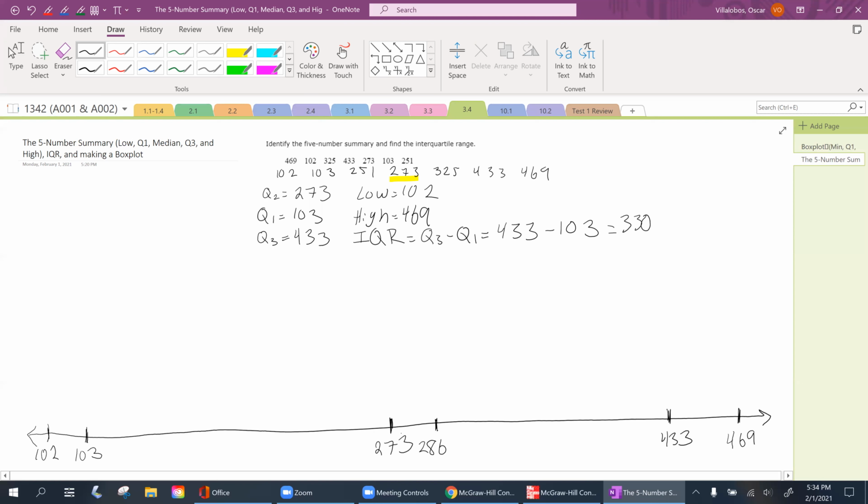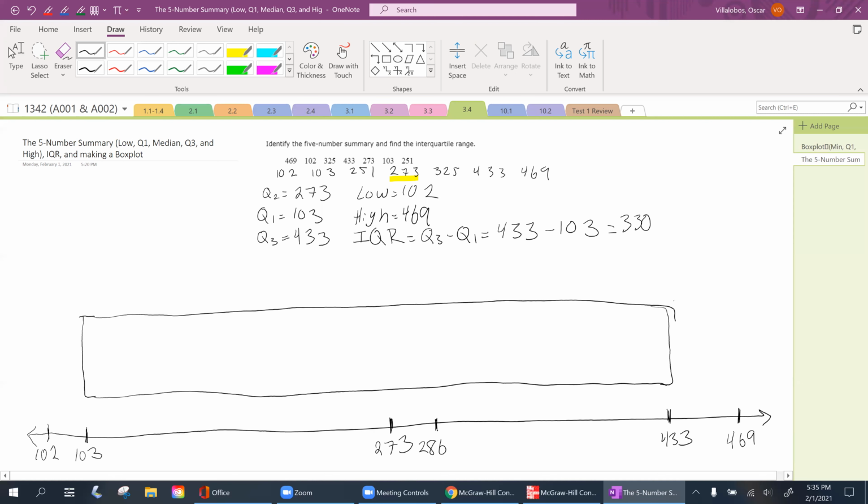So generally, when it comes to these, I want to draw my box first, right? So that's Q1, which is 103. All right, so we'll say something like that. And then let's go ahead and locate Q3. Then let's box that up from there to there. That is my Q1 and my Q3.